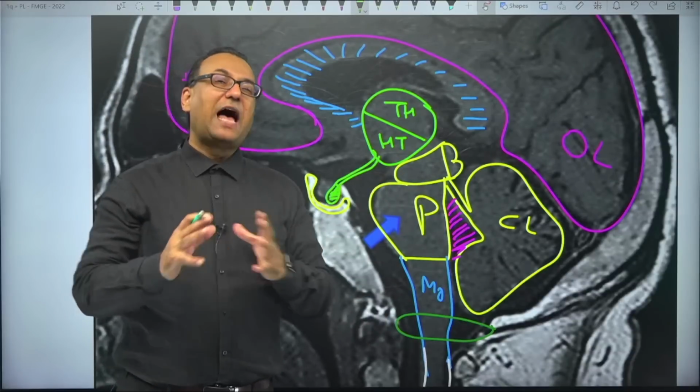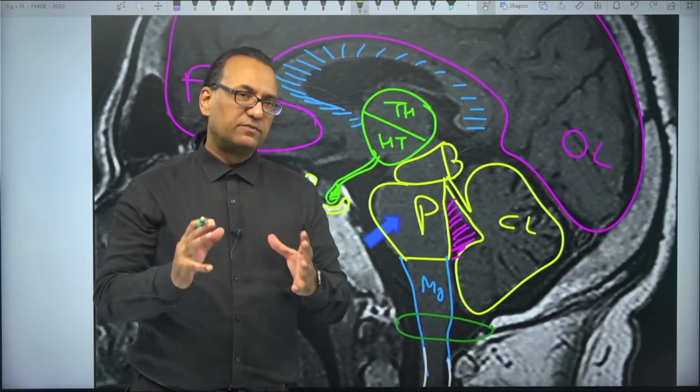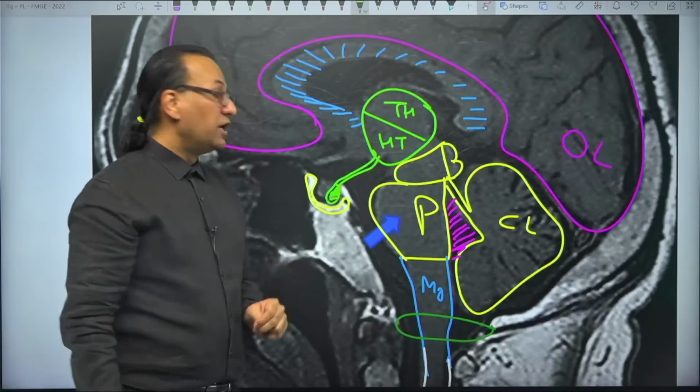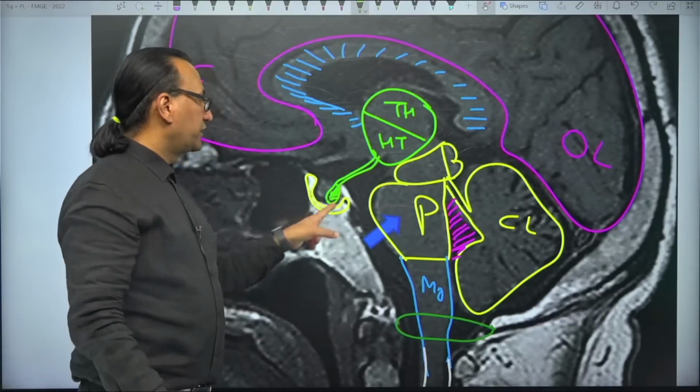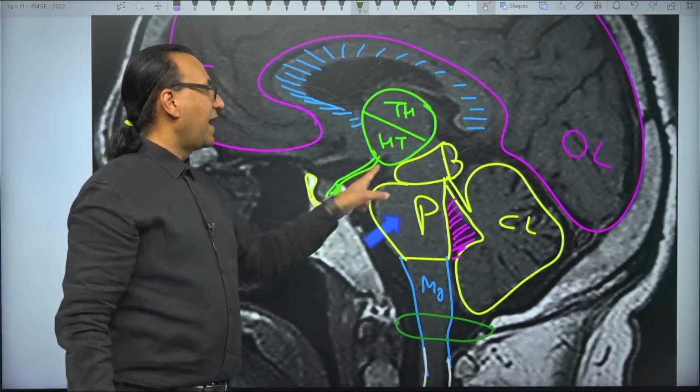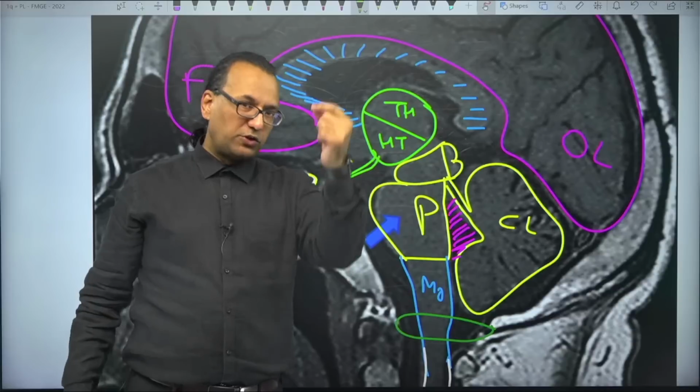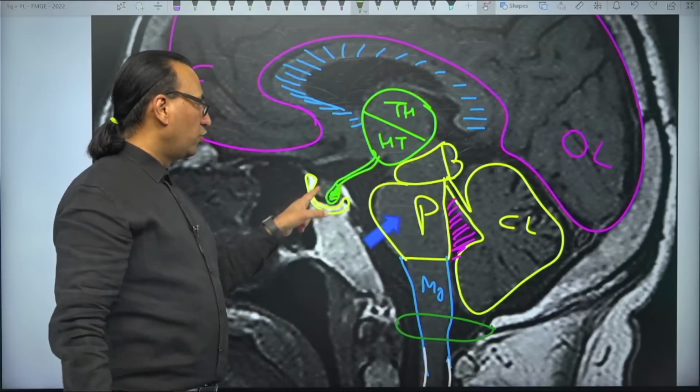Hypothalamus is a part of the diencephalon. So the posterior pituitary is an extension of the diencephalon.